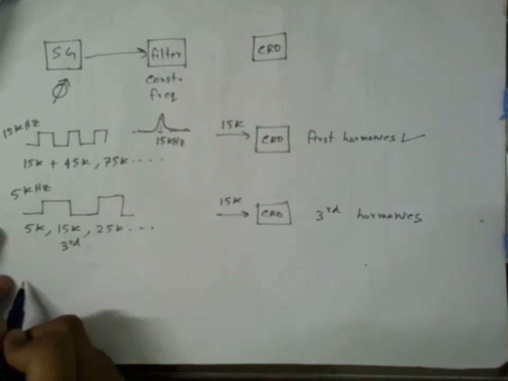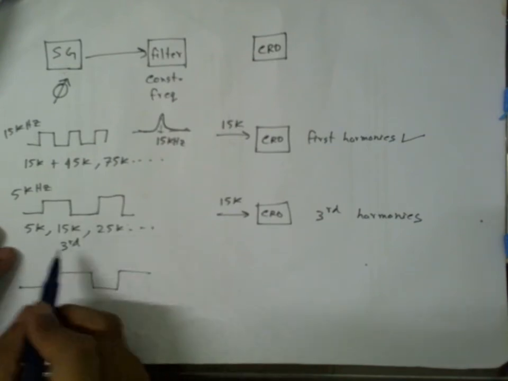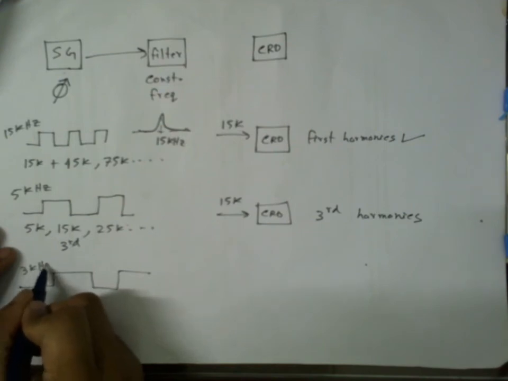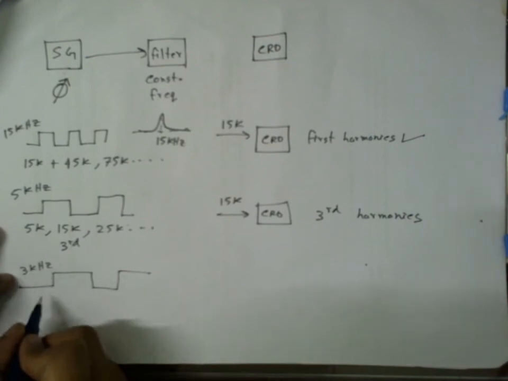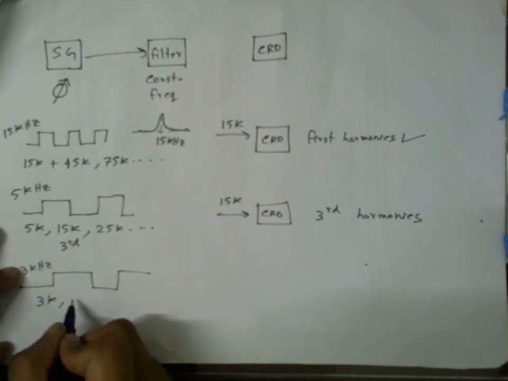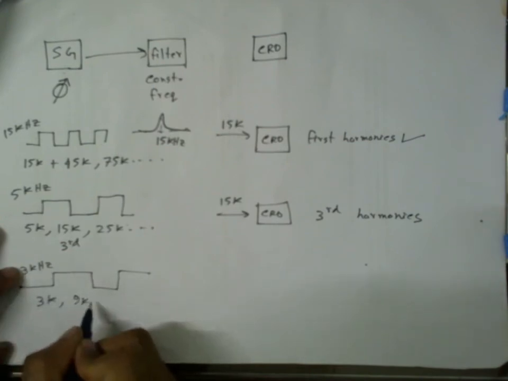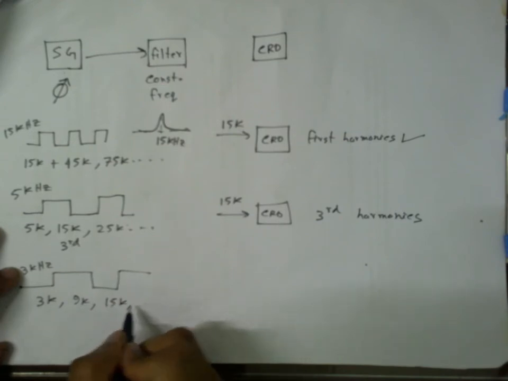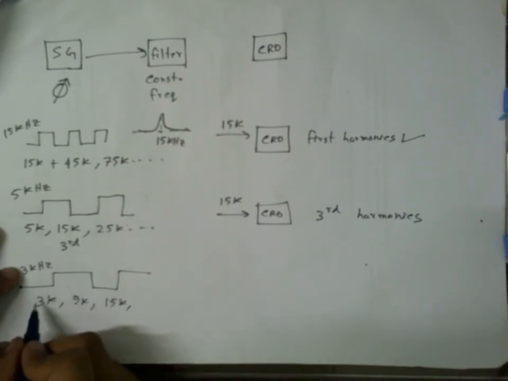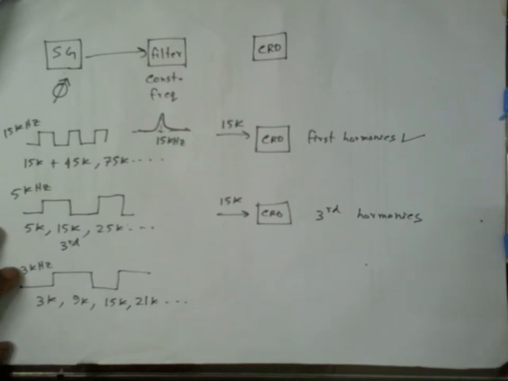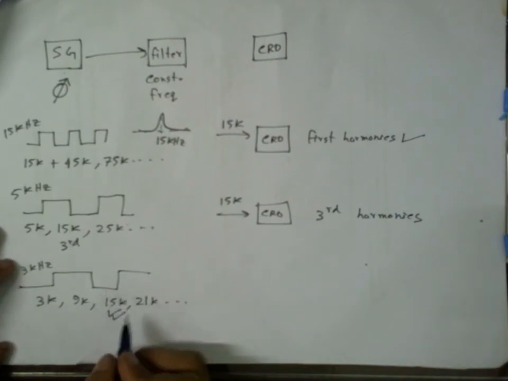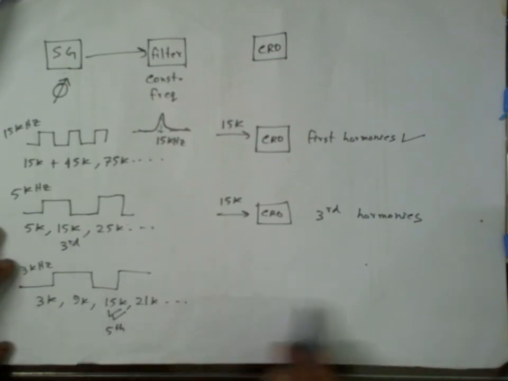Similarly, next time I will change this frequency to, say, 3 kilohertz, because then its components will be 3 kilohertz plus 3 into 3 is 9 kilohertz plus 15 kilohertz, then 7 times 3, so 21 kilohertz, etc. Once again only this one will be allowed to pass, everything else will be blocked, but in this case this is the fifth harmonics, so I can measure the fifth harmonics.